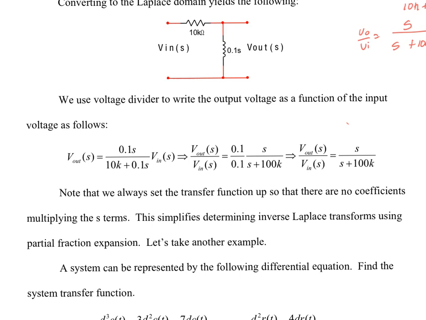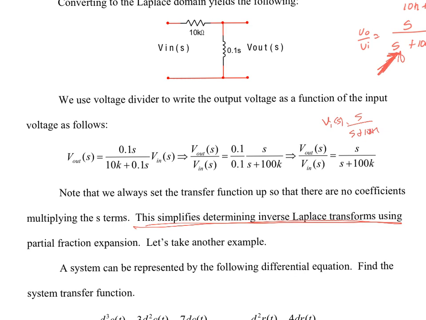Questions? So notice I said here it simplifies determining inverse Laplace transforms, but that doesn't mean I actually take the inverse Laplace transform. Once I know what the input signal is, then I'm going to go ahead and do the Laplace transforms. So if I've already got this one factored down, I just multiply my input, whatever that is, of s by s over s plus 100K.